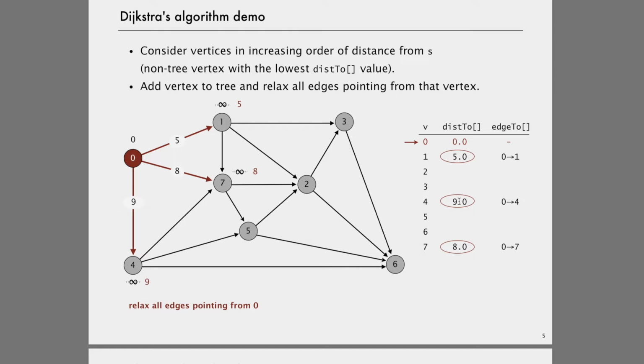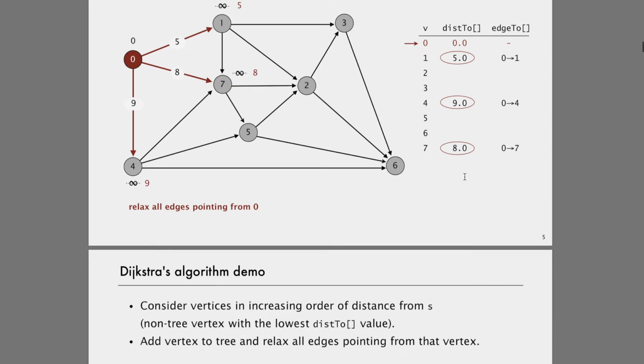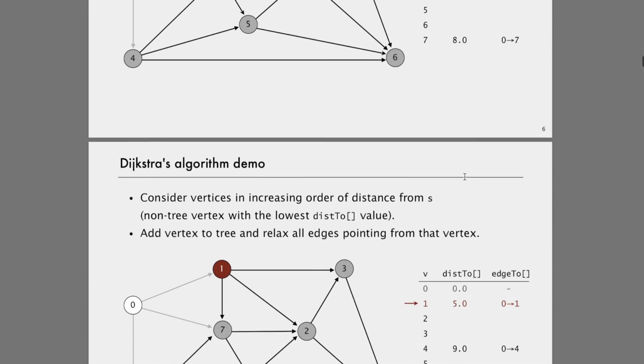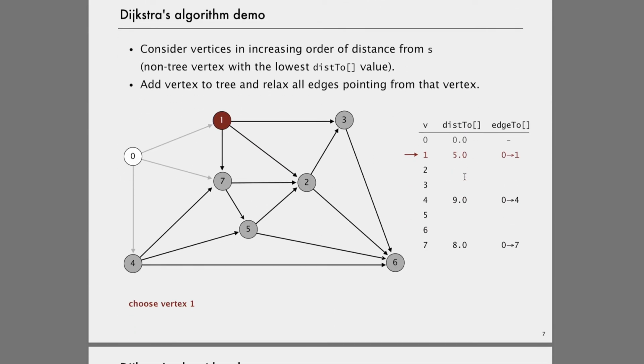Now the first key point of the algorithm is take the closest one. If you take the closest one, in this case it's 1, then we know we are not going to find a shorter path to 1. Okay, we pick 1.